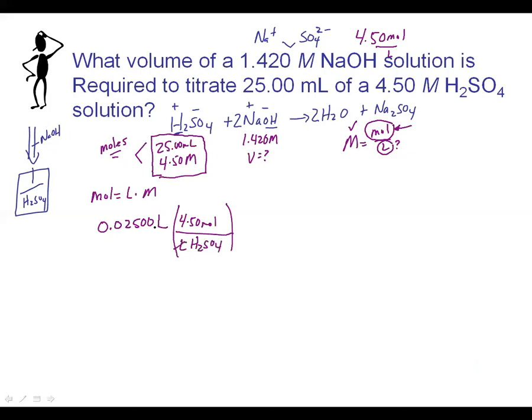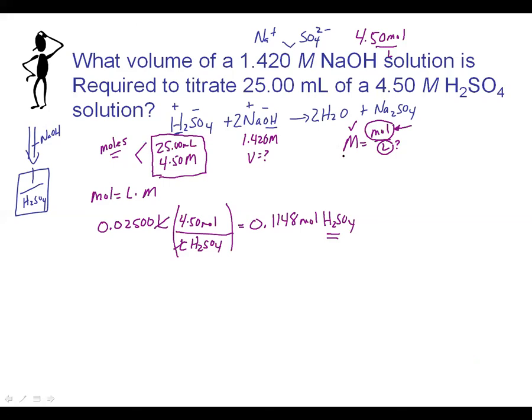This part is very much like what we do in a stoichiometry problem when we take the grams given to us and the molar mass and convert it into moles, except here we're using liters and molarity. That gives us 0.1148 moles of H2SO4.